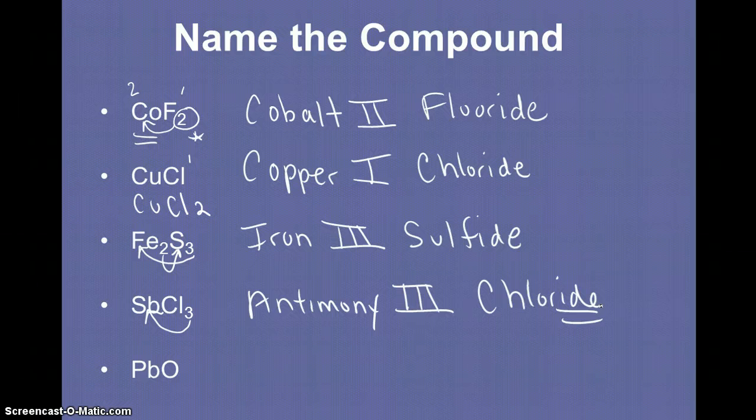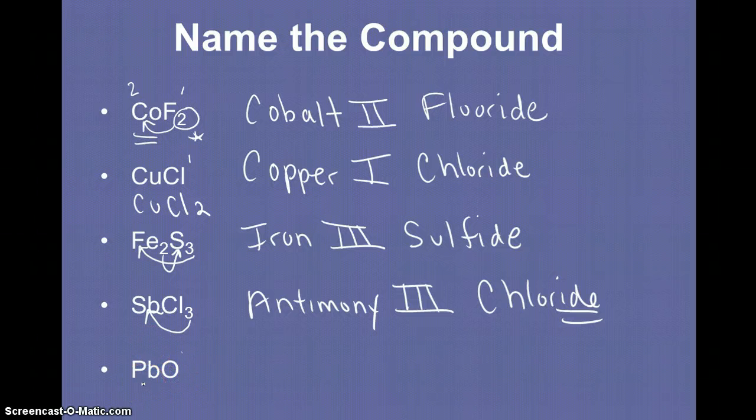Last one here, we have lead with oxygen. Now, when you look at that, it is an ionic compound, and lead does have more than one oxidation state. Now, we know oxygen is 2, correct? Now, the choices for lead are 4 or 2. If oxygen is 2, and we choose lead as being 2, they would cancel each other out, correct?